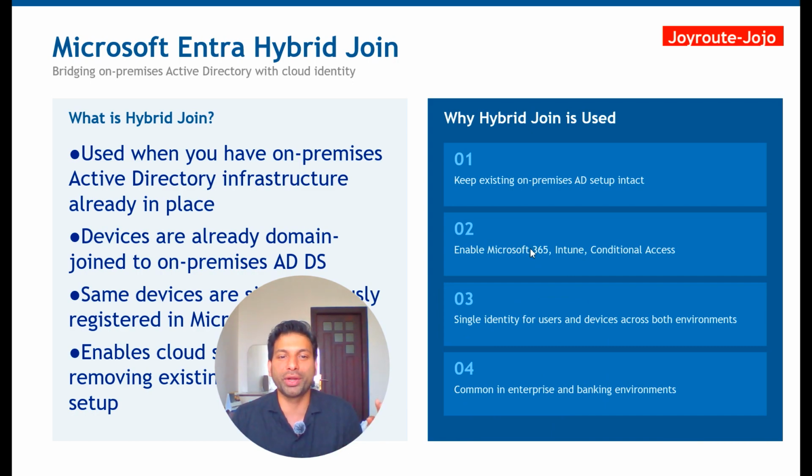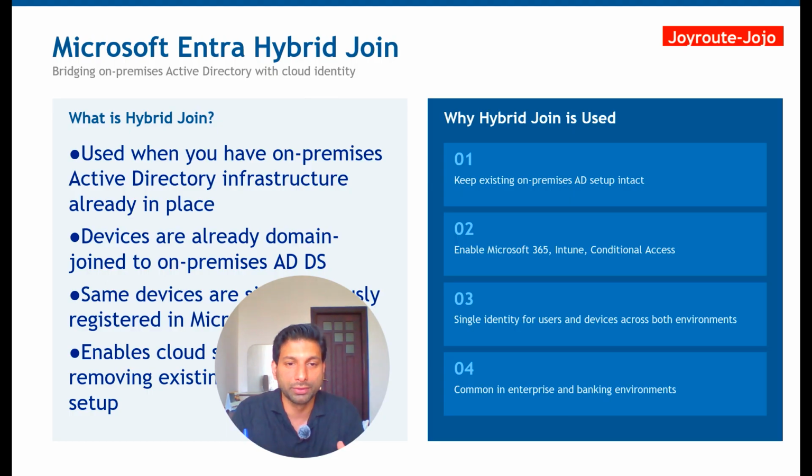Why is Hybrid Join used? To keep the existing on-premise AD setup intact. To enable Microsoft 365, Intune, and conditional access, we require Hybrid Join. It gives a single identity for users and devices across both environments.